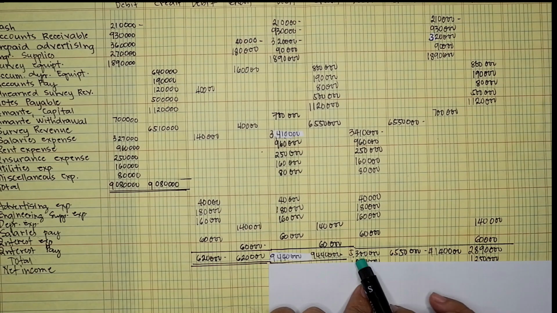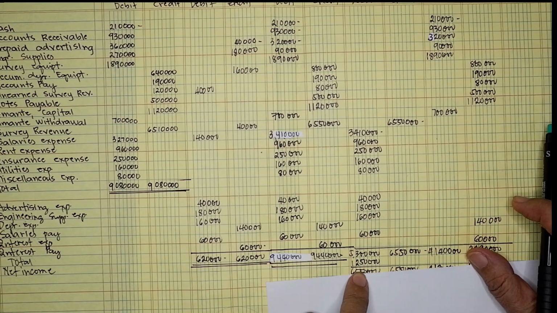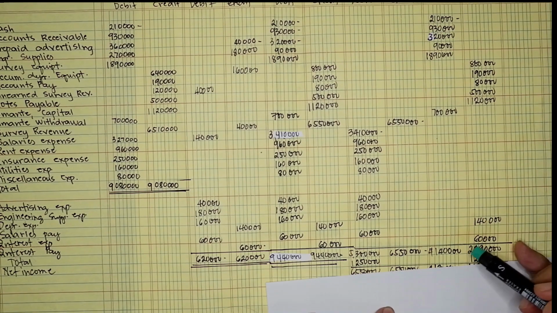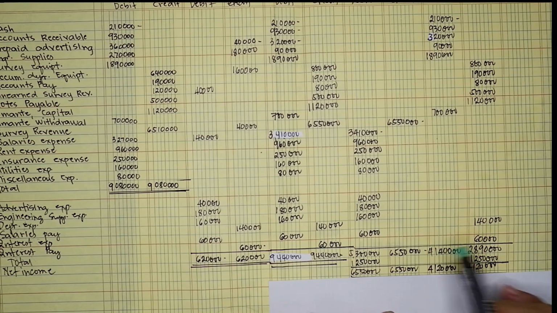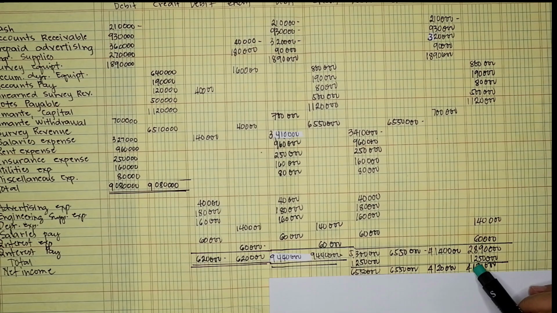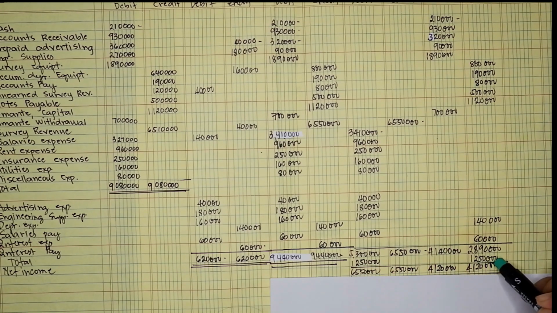Okay, get the difference between the two columns. 6,550,000 minus 5,300,000, and that is 1,250,000. And the difference between these two columns of the financial position should also be 1,250,000. It is at this amount wherein you have to balance.